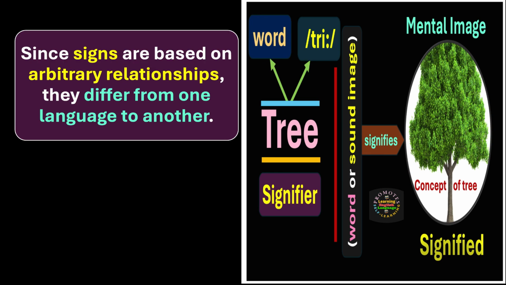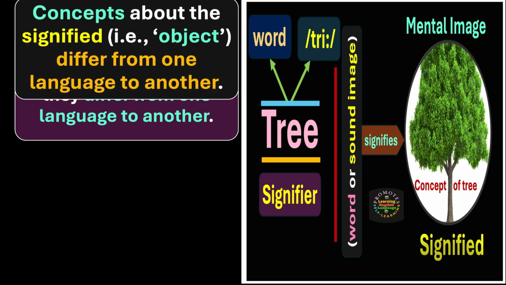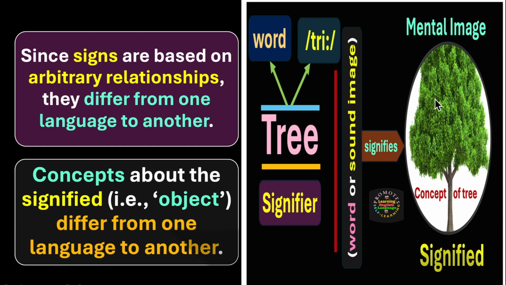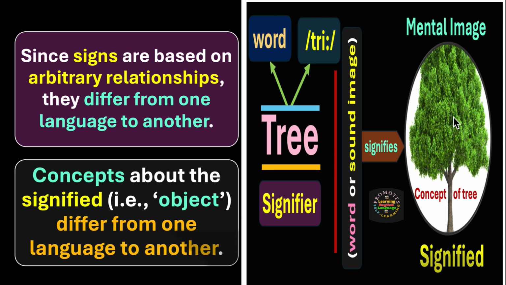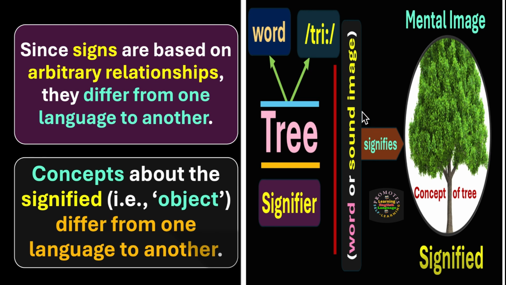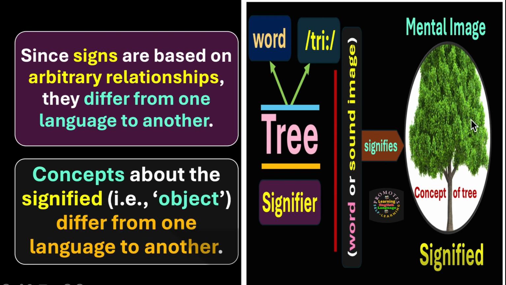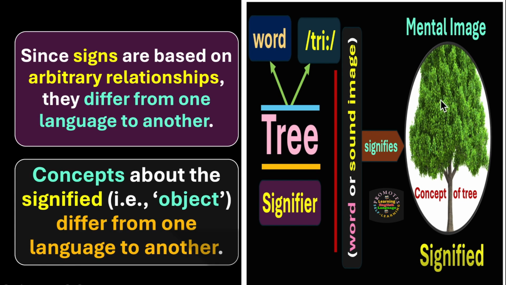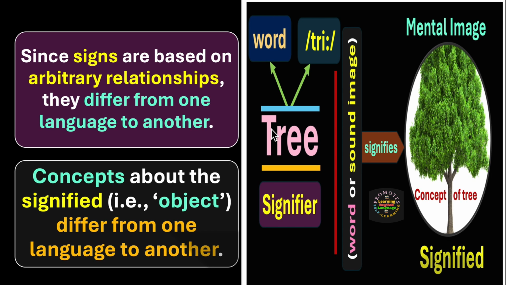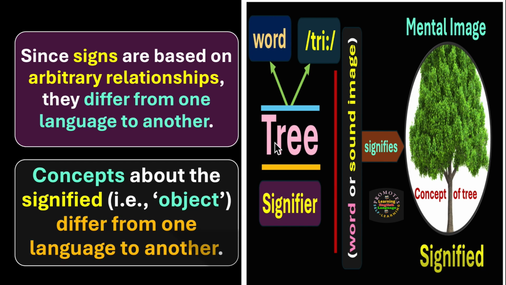Since signs are based on arbitrary relationships, they differ from one language to another. Concepts about the signified, this object, mental image, differ from one language to another. In the English language, we have the word tree and we have this image. The image is the same, but in English we recognize this image with the word tree.